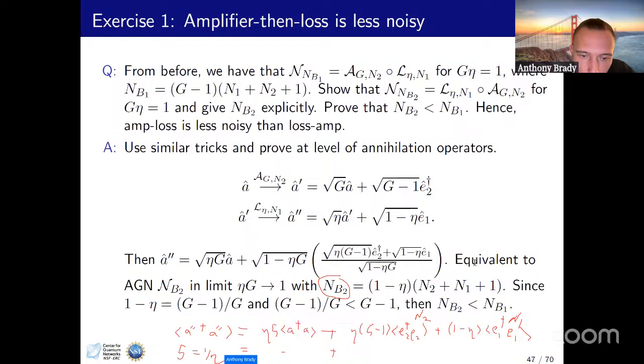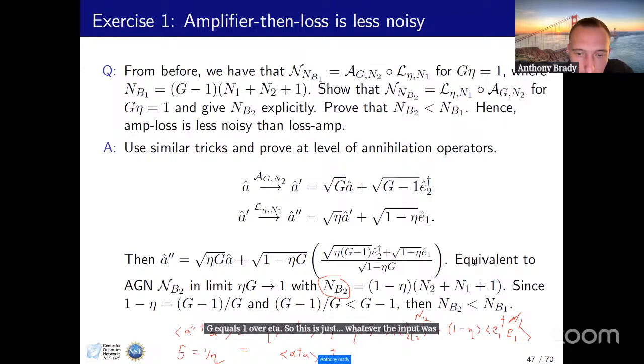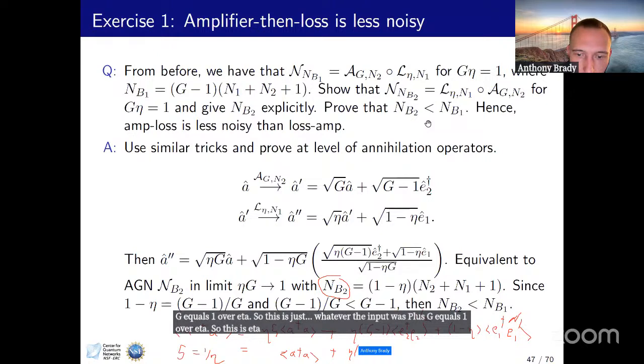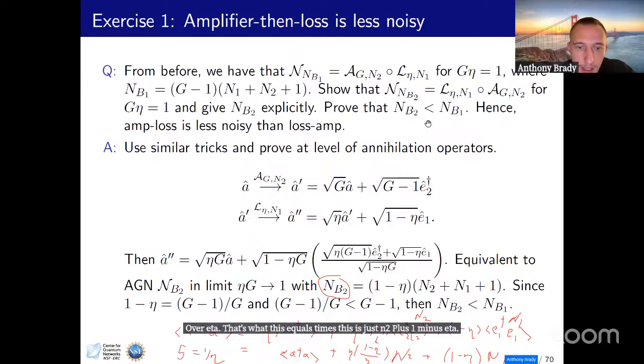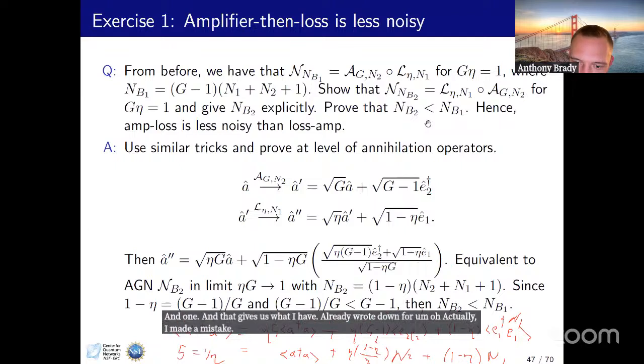So this is just whatever the input was, plus, with G equals 1 over eta, we have 1 minus eta over eta times N2 plus 1 minus eta N1. And that gives us what I have already written down. Oh, actually, I made a mistake here.